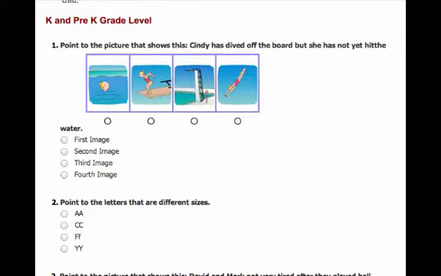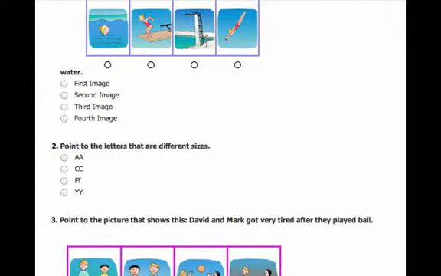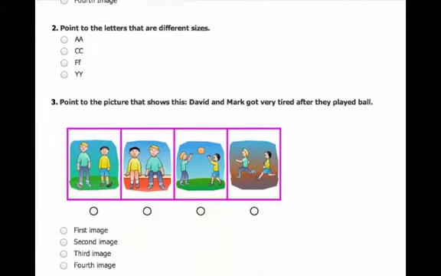This begins at the kindergarten pre-K level, where the words are actually read to the student. So the teacher would read these words and the child would have to find the image that completes the question. Here they're pointing to the two letters that are different sizes.